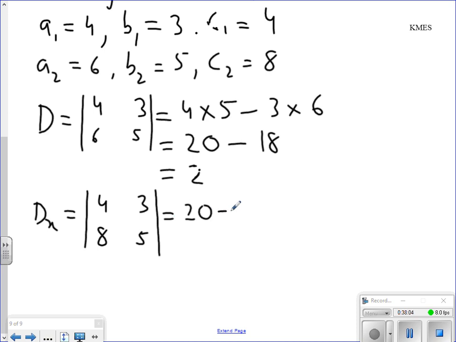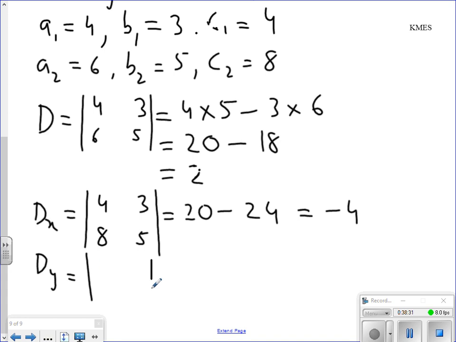That will give us 20 minus 24. That will give us minus 4. So we got the value of dx as minus 4. How we got 20 here? 4 5s are 20 and minus 24 is 3 into 8, that gives us 24.